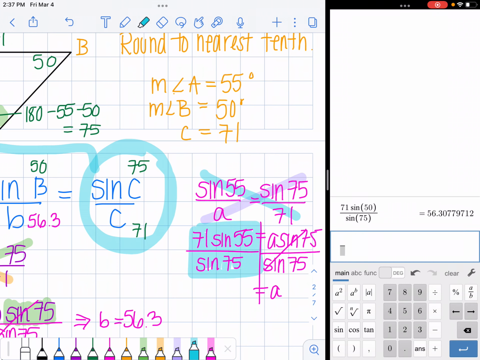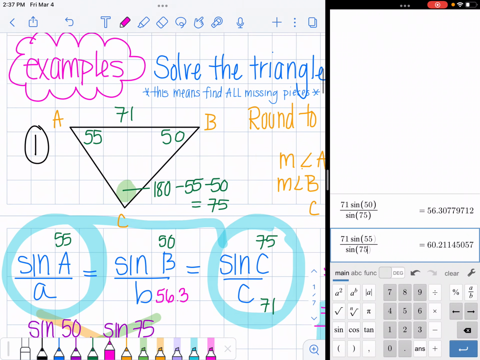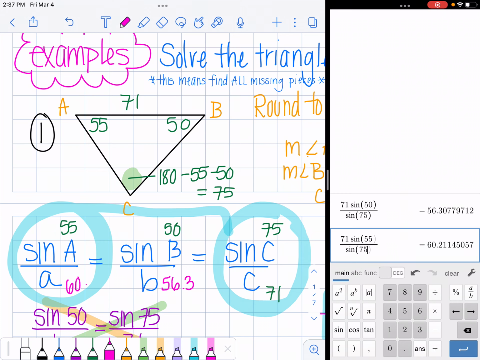So I'm going to hit my fraction and do 71 times the sine of 55 divided by the sine of 75, which gives me, rounded to the nearest tenth, 60.2. So I would come over here and write 60.2 here.